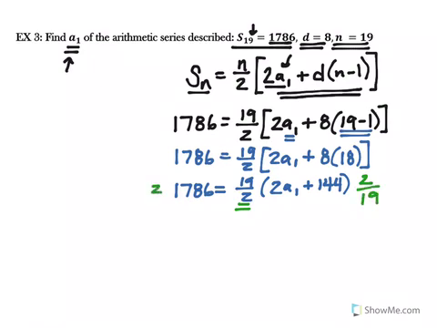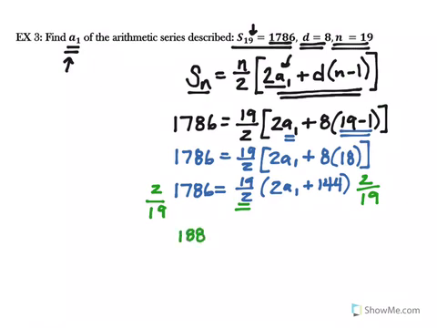So we would multiply both sides by 2 19ths. And that gives me 1786 times 2 divided by 19. And that is 188.